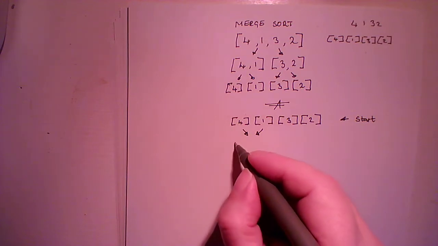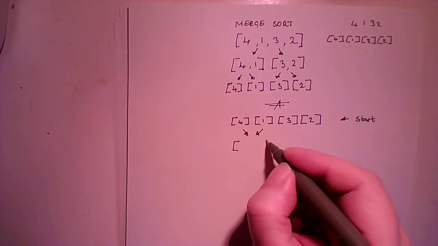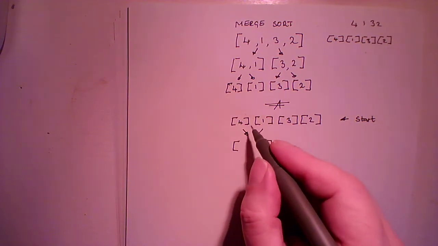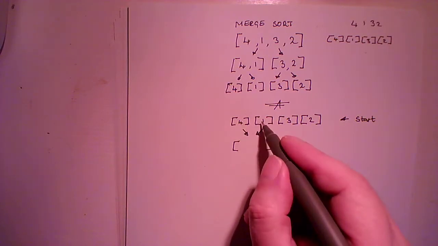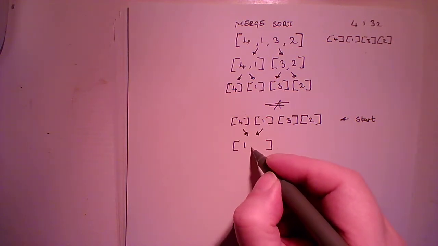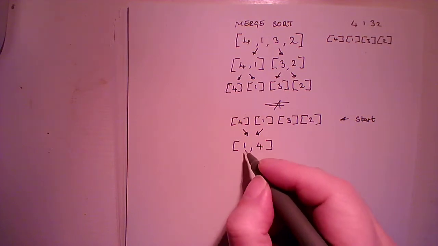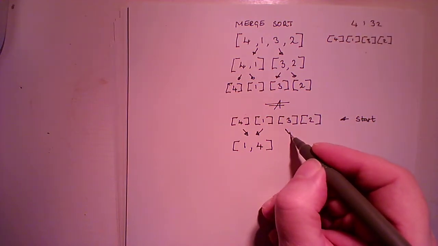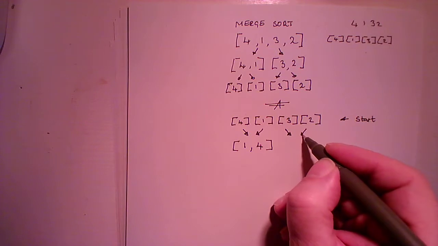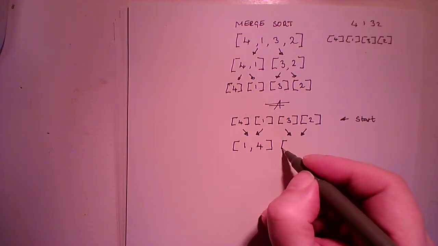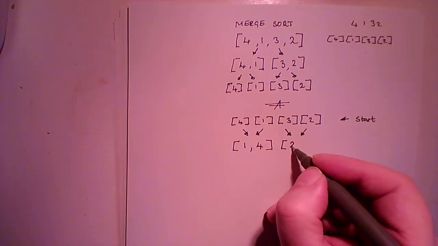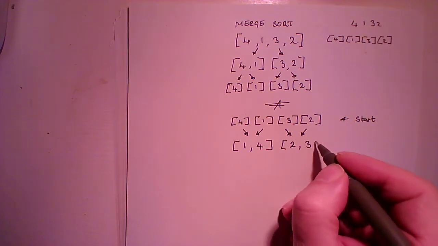We're going to merge these two into a single list, but the list needs to be ordered. So I've got 4 and 1, so my list is going to be 1 and 4. That's in order. And I'm going to do the same with the 3 and the 2. I'm going to get a single list consisting of 2 and 3.